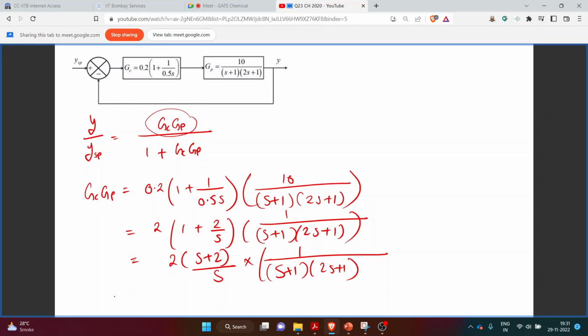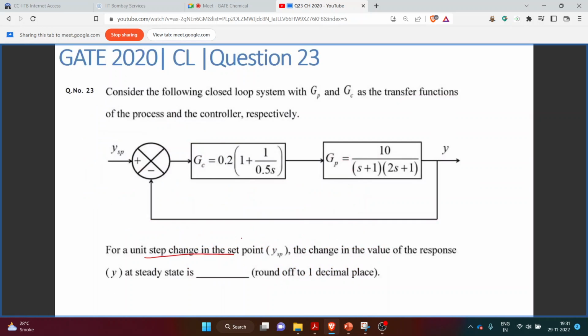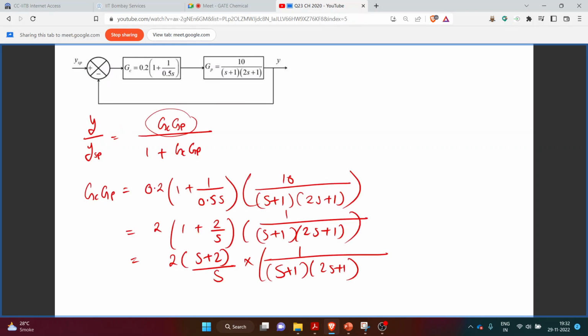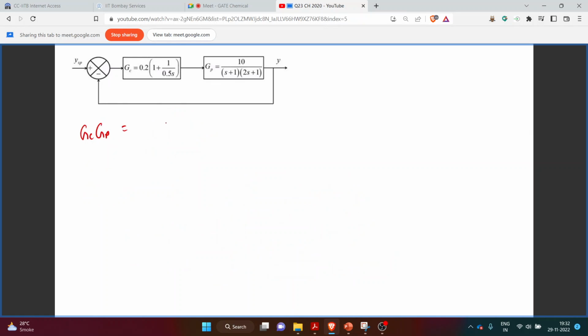And ultimately we can write that GC GP is equal to 2s plus 2 upon s into s plus 1 into 2s plus 1.